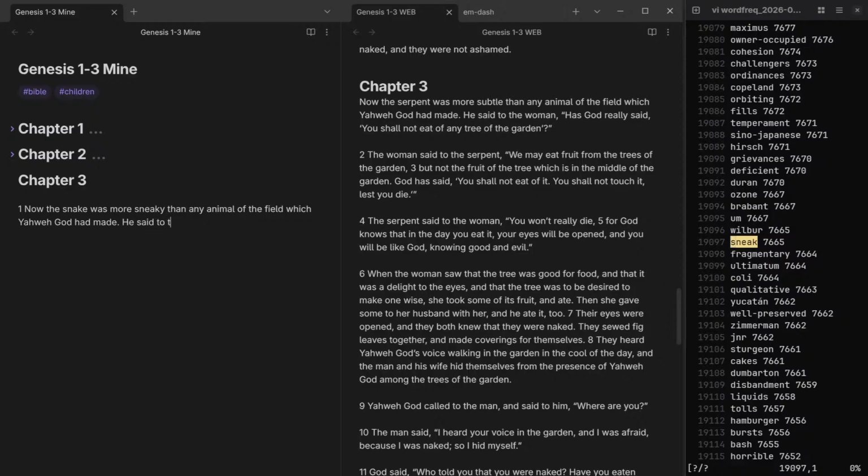The snake said to the woman, did God really say, you cannot eat of any tree of the garden?